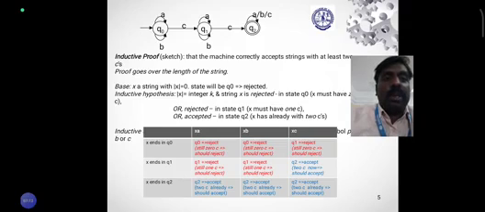A and B are the extra symbols which can be consumed at Q0, Q1 and Q2. We have to show that at least 2 C's are passed from the starting state to the final state. Here Q0 is the starting state, represented with an arrowhead, and Q2 is the final state, enclosed with a double circle.